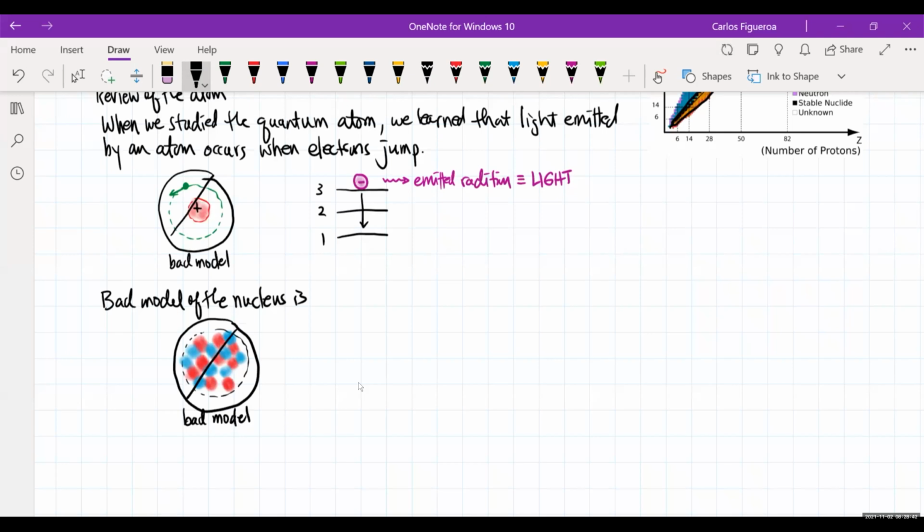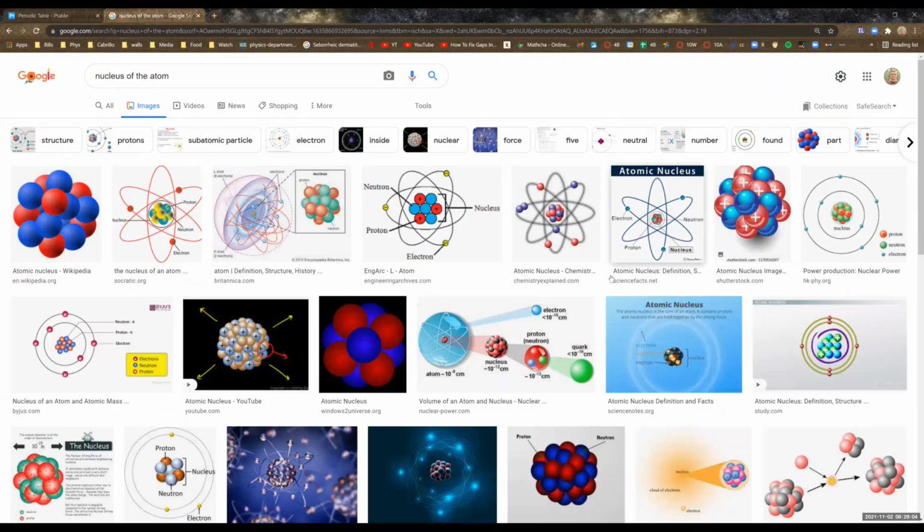And if you look at just pictures, if I type in here the nucleus of the atom and then just say images, let me share my screen with you. Look at these images. Look at these nuclei. Don't they all look like that?